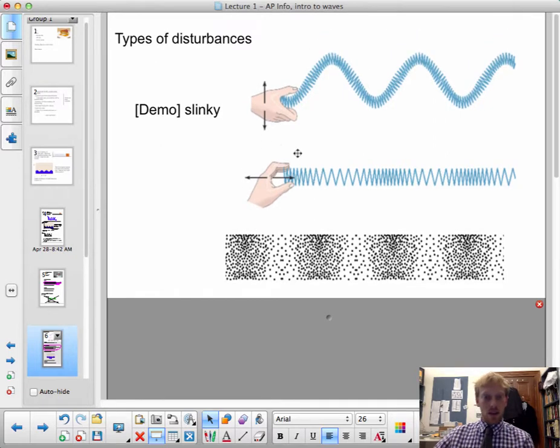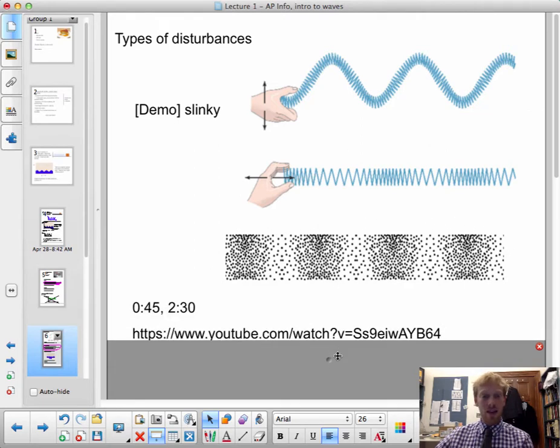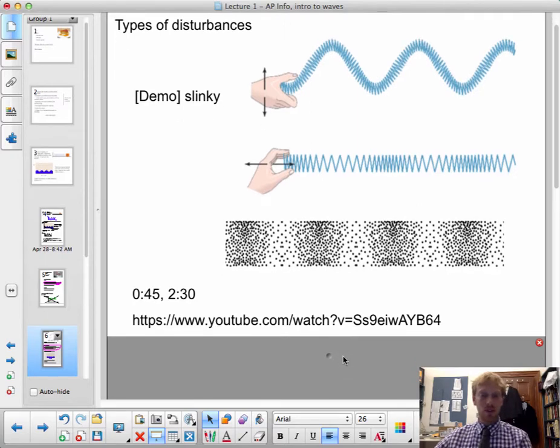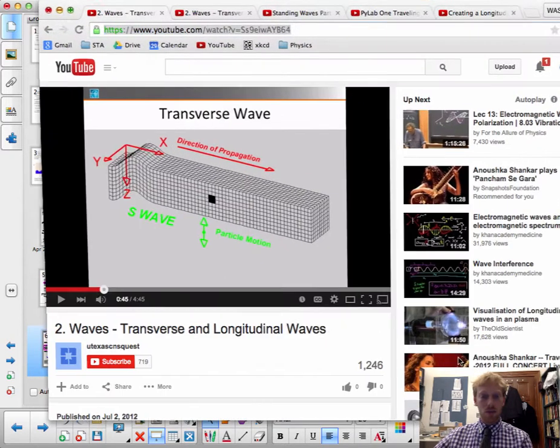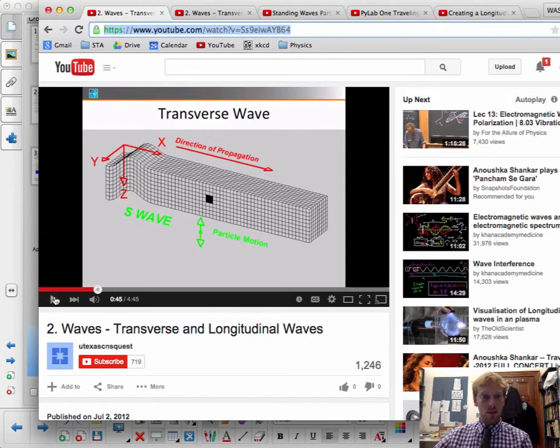And so this up and down type of wave is different from the type of wave captured in this in and out slinky wave, which is also a similar type of wave to what's going on in the air here. I'm going to introduce the vocabulary words that differentiate those in a second. But first, I'm going to play this video. If you can't see it on this screencasting very well, you might view it yourself.